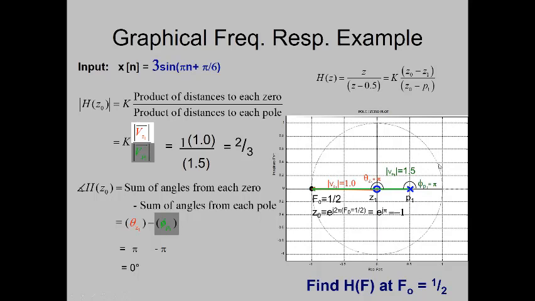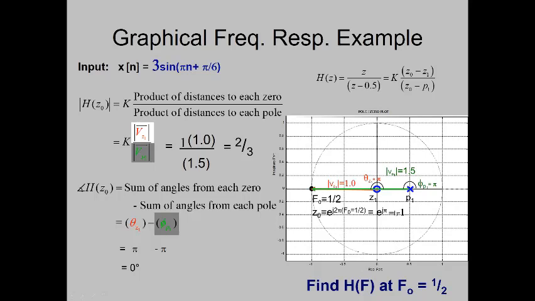As I move around here, notice the distance from the zero never changes. It's always 1, so my numerator is always 1. The denominator is the distance from this pole, and as I move further and further around, that's getting bigger and bigger, making the denominator of this ratio bigger. So as frequency increases, my magnitude response should be decreasing, which is what we saw in the other graphs of the response.